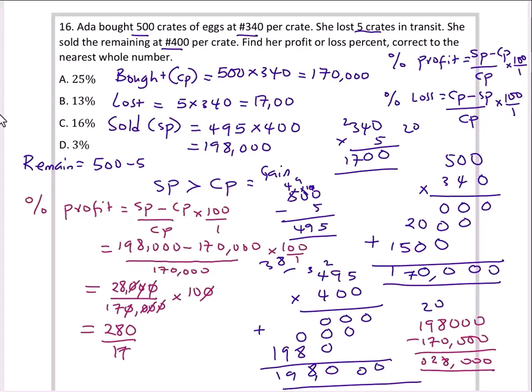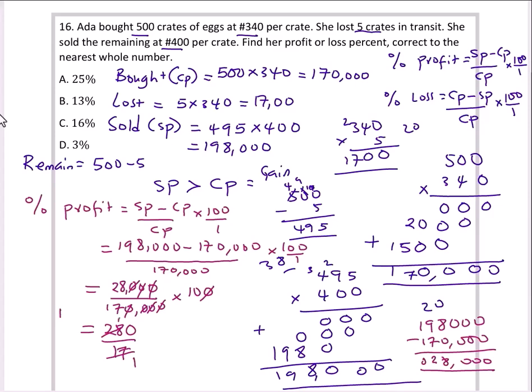So we have to divide this to find out the final answer. Let's check 17. 17 into 17 is 1. Then 17 into 28 is still 1. Then the remaining is 8 plus the remaining 3, 8, 9, 10, 11.